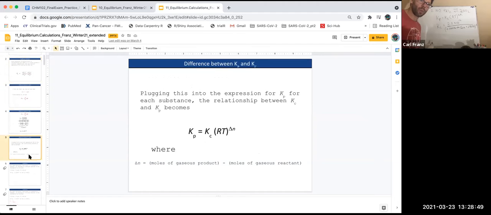No, I guess not. We use this equation. Raised to the power of delta n is just the difference between the coefficients of the products and the coefficients of the reactants. And since the product coefficient was 2 and the reactants were 2 and 1, it's going to be 2 minus 3 equals a -1. Okay?